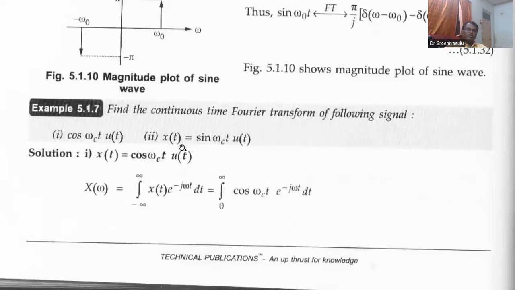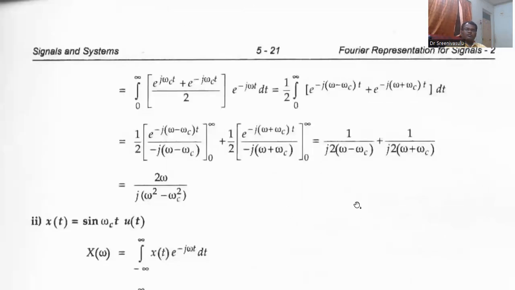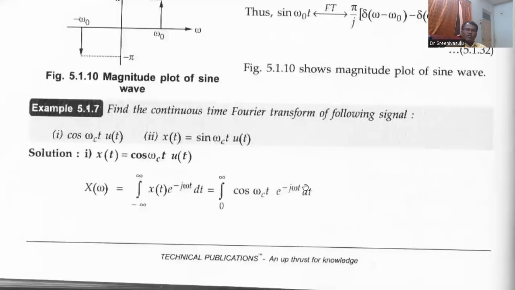Now, you know about the unit step function. This u of t is 1 for time t greater than or equal to 0, and it is 0 otherwise. So we can change the limits from minus infinity to plus infinity to 0 to infinity. Within these limits, u of t is 1, so we have the integral of cos omega naught t into e power minus j omega t dt.